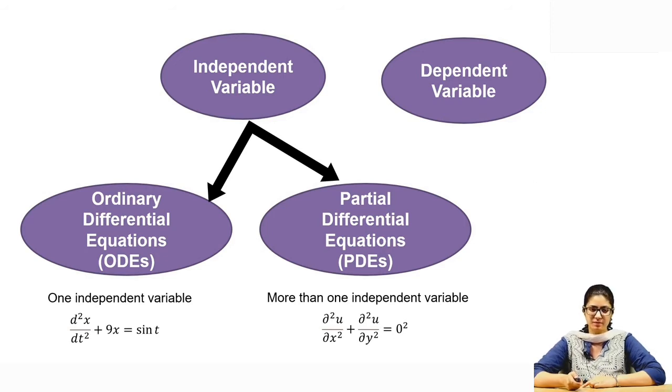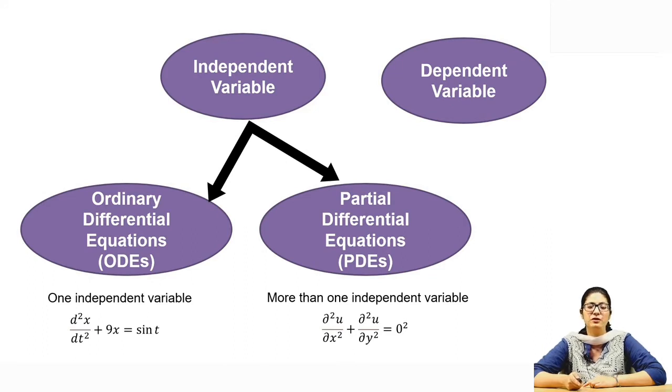Mathematically also, whenever we represent any function, if we have an equation of the kind y is equal to f of x, in that case x represents the independent variable and y represents the dependent variable.